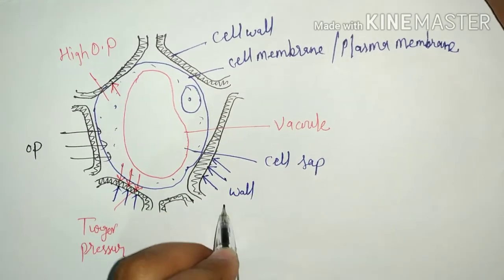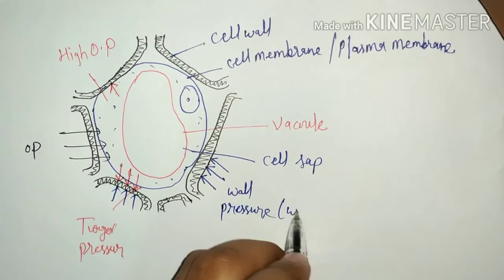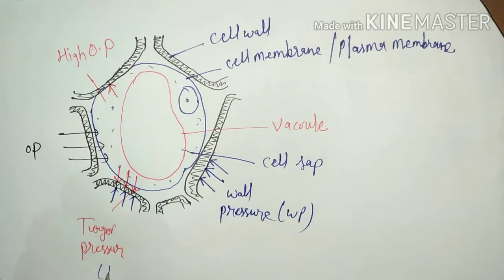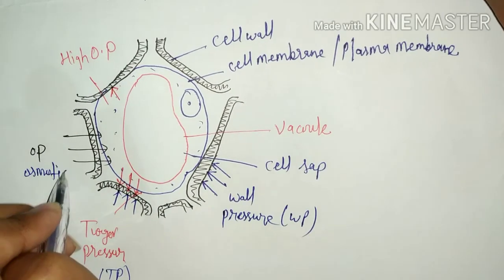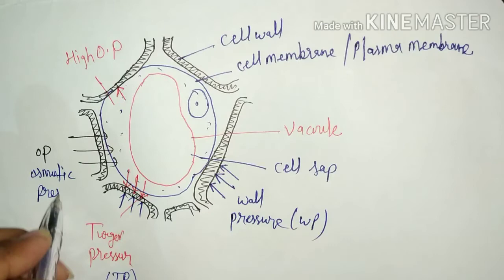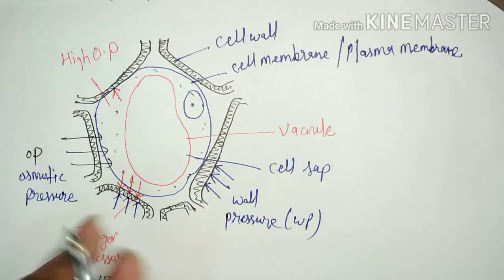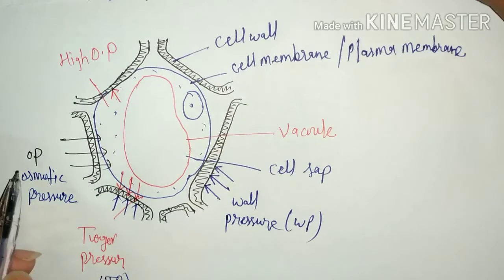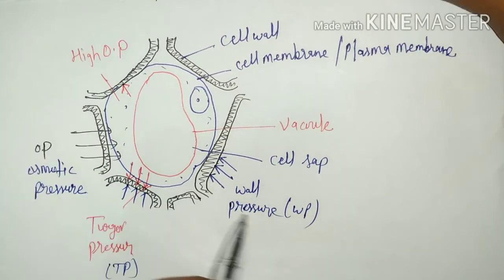This is called wall pressure, WP. So, there are three pressures: osmotic pressure, turgid pressure and wall pressure.